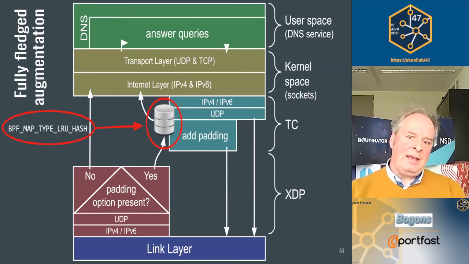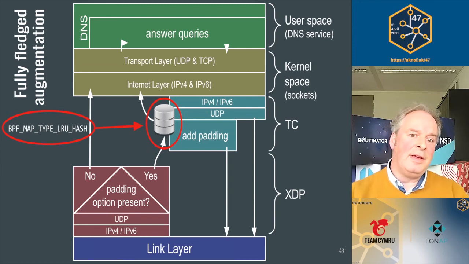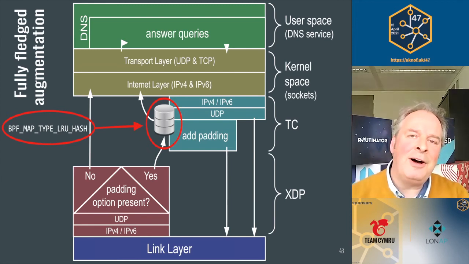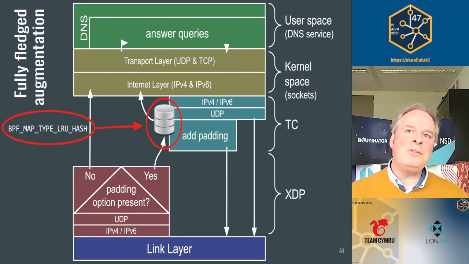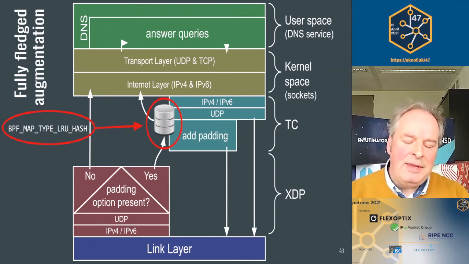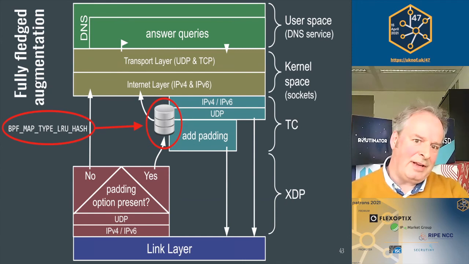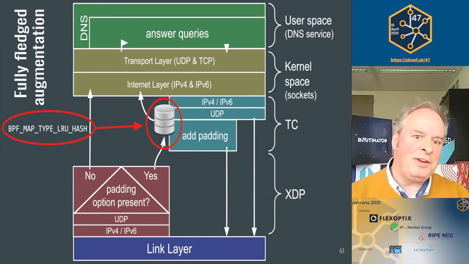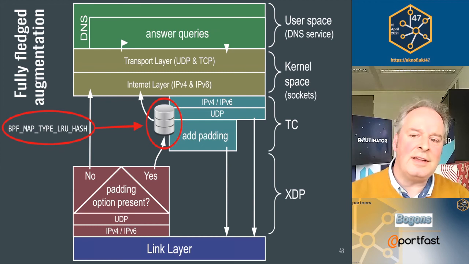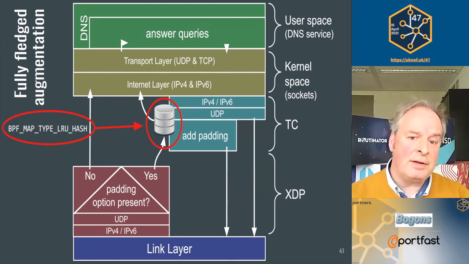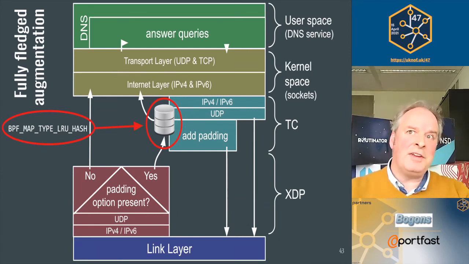Now, he communicated with Unbound over UDP, because he wanted to have the padding option in UDP. And while we didn't want to do this in Unbound, because we don't want to reply with large packets over UDP, we managed to use this technique of registering incoming packets and associating that with outgoing packets, and create a little XDP BPF program to do the padding, to augment existing DNS servers.